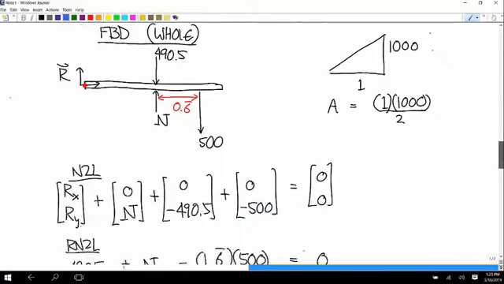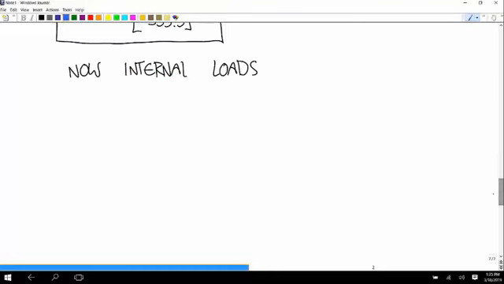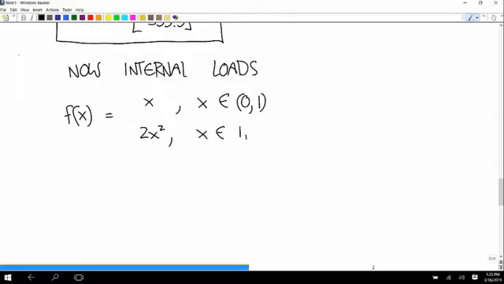Remember, stuff like this where you have x for x on the interval 0 to 1, or 2x squared for x between 1 and 2, or something like that.